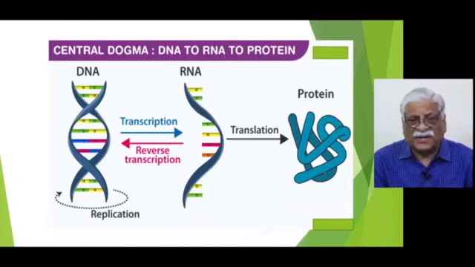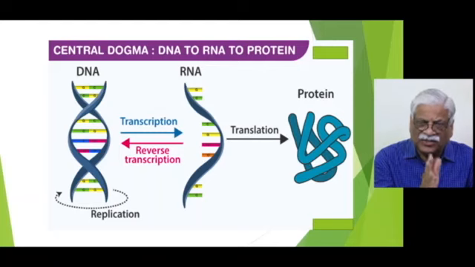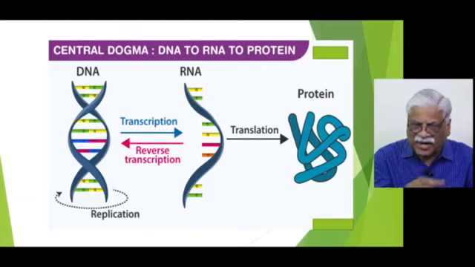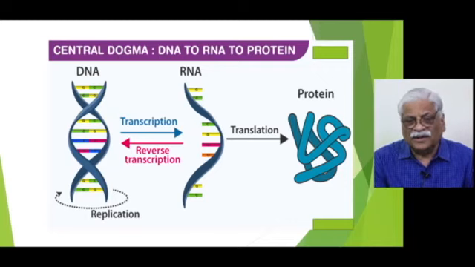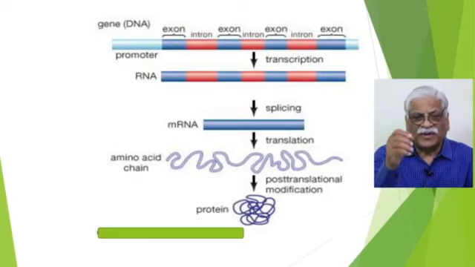Whatever protein is synthesized, the information of that characteristic lies in the DNA, which is transcribed in the form of RNA. And since RNA has the information in the form of nucleotides, ultimately it is translated in the form of a protein. This is basically the process.